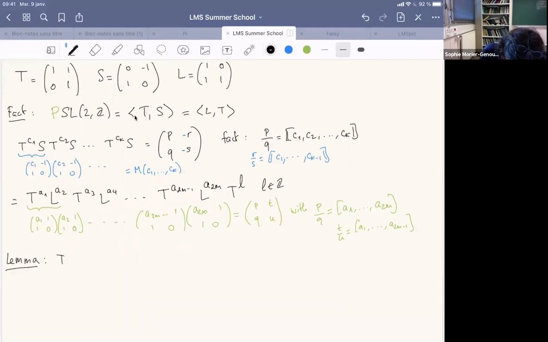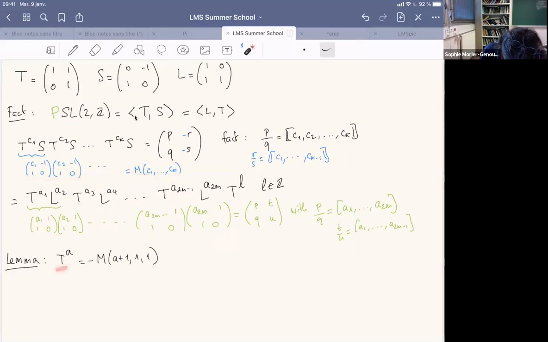Okay, so what I want to say is that T to the power A can be written as the matrix M of negative, minus M of A plus 1, 1, 1. This is the notation: M of a sequence is this product.